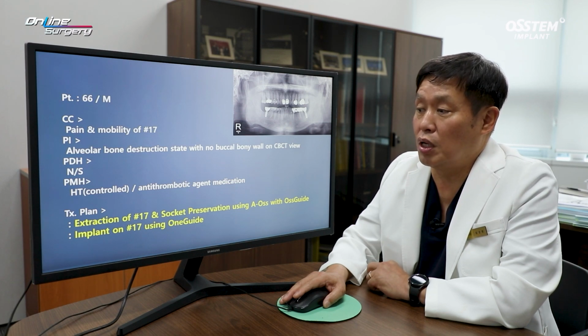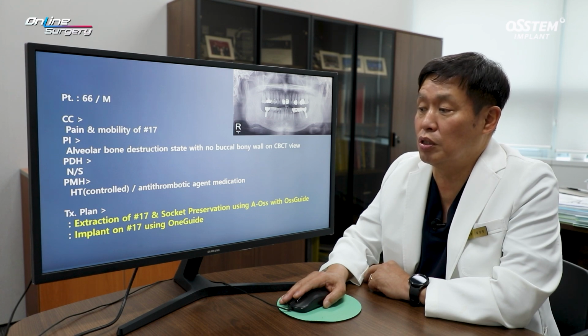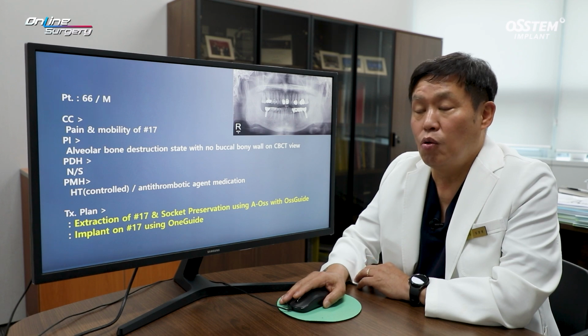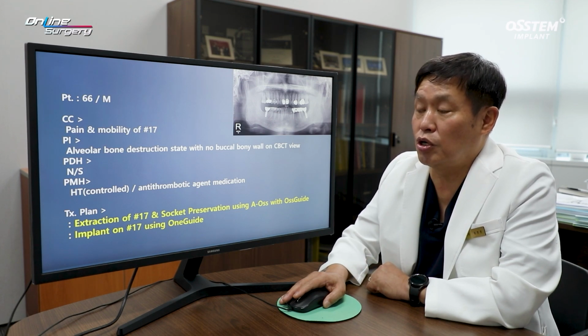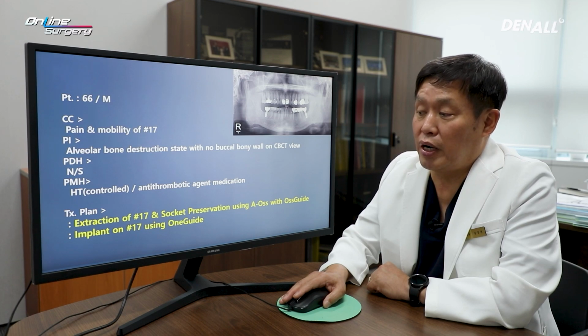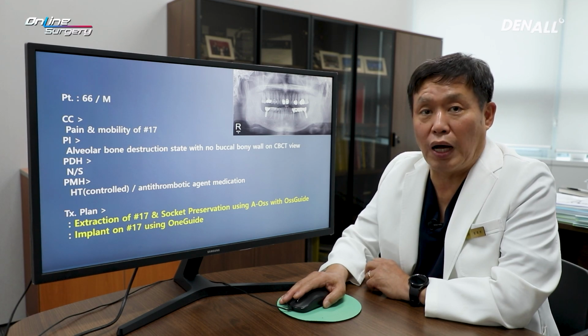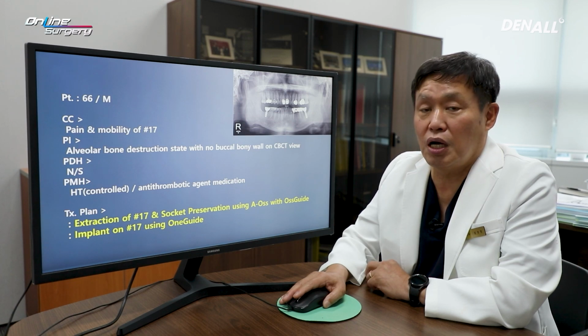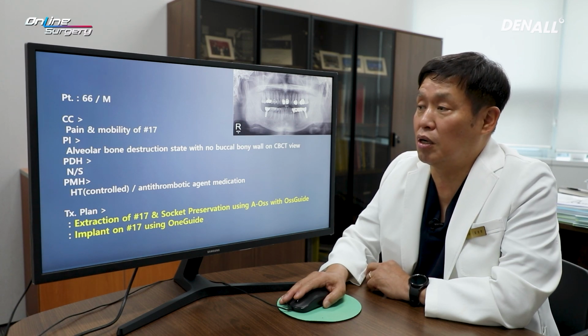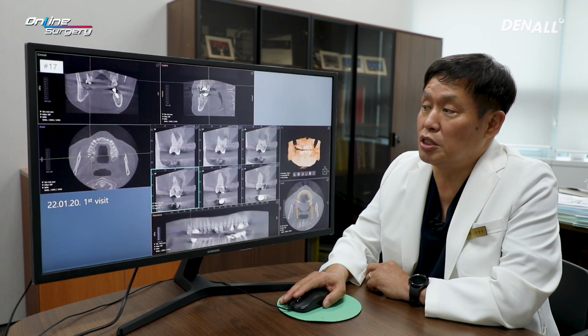AOS particle bone and OssGuide were used. Socket preservation was done using collagen membrane, and OneGuide was used to place implant in number 17 because there was no buccal bone whatsoever. When OneGuide surgery was performed, after implant was placed, additional bone graft was done.